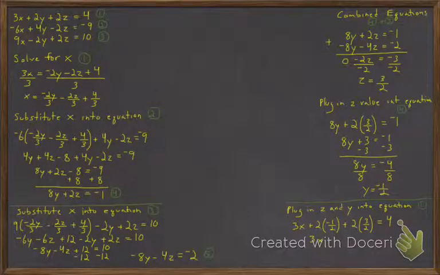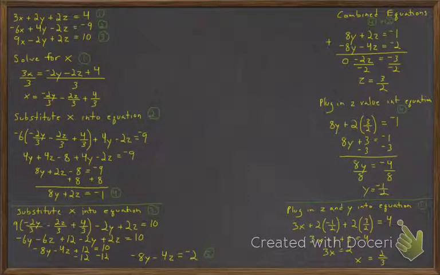We get 3x minus 1 plus 3 equals 4. So we get that 3x is equal to 2. Therefore, x is equal to 2/3.